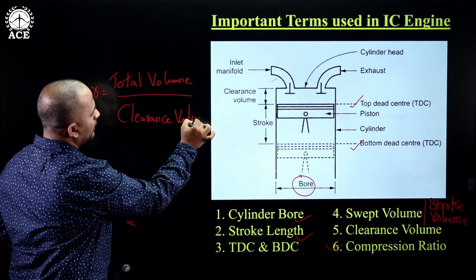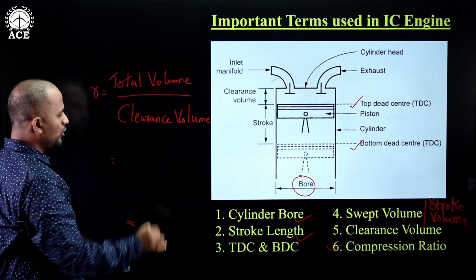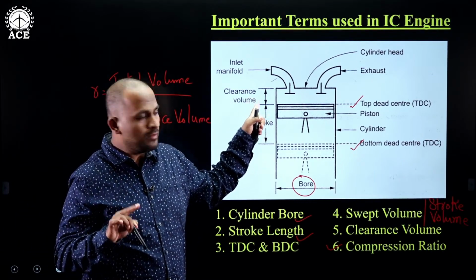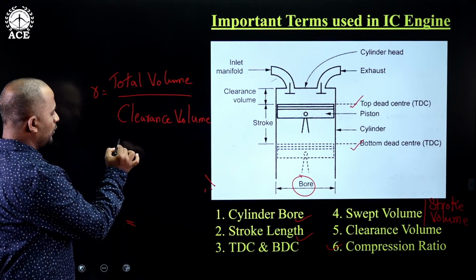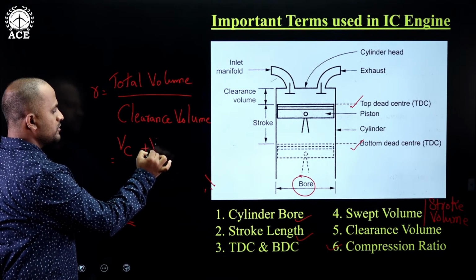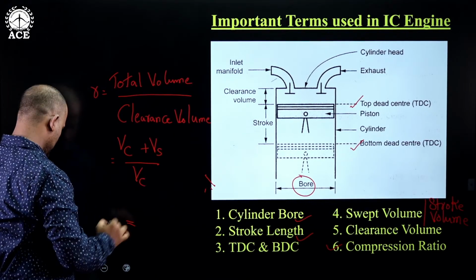What is this total volume here? Total volume is the clearance volume plus the stroke volume. So compression ratio r is equal to clearance volume plus stroke volume, divided by clearance volume.